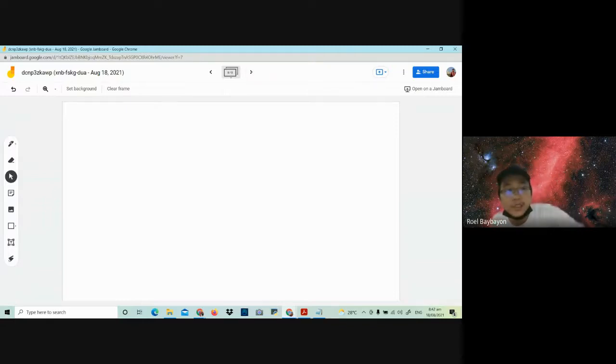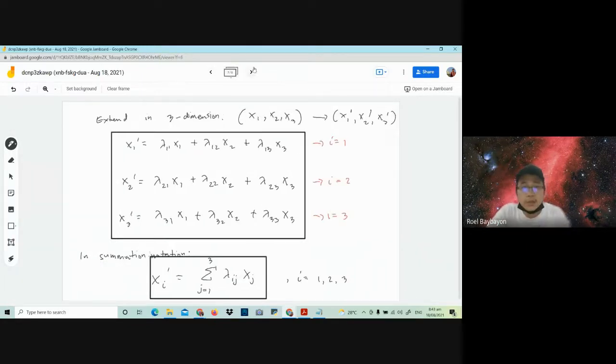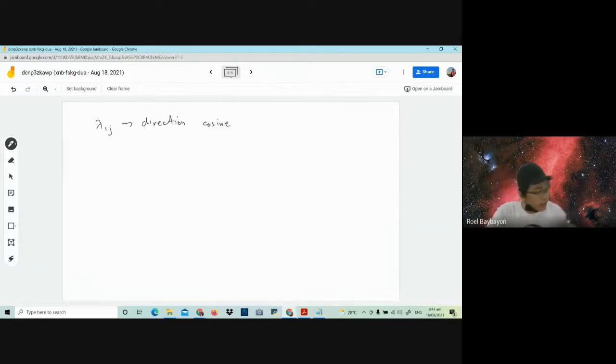The lambda ij is called the direction cosines. Okay. Now, isulat na otro, no? So this is my coordinate transformation.